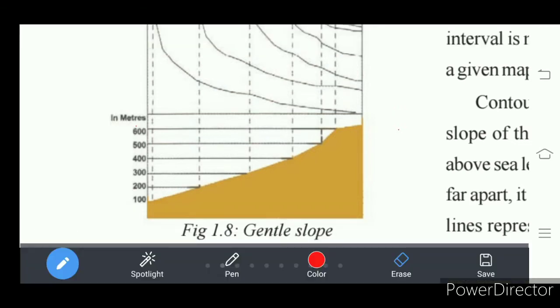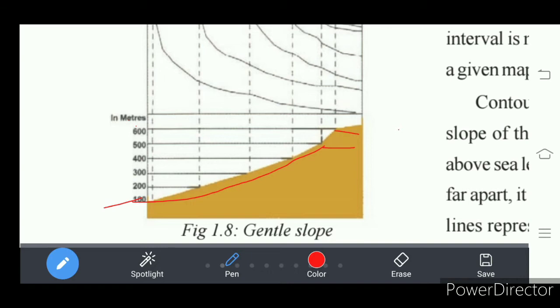Look at here. How do you see from 100 meters to 500 meters? There is a gentle slope. From 500 to 600, the gentle slope is decreased. That means instead of gentle slope, it is turning to steep slope, right?